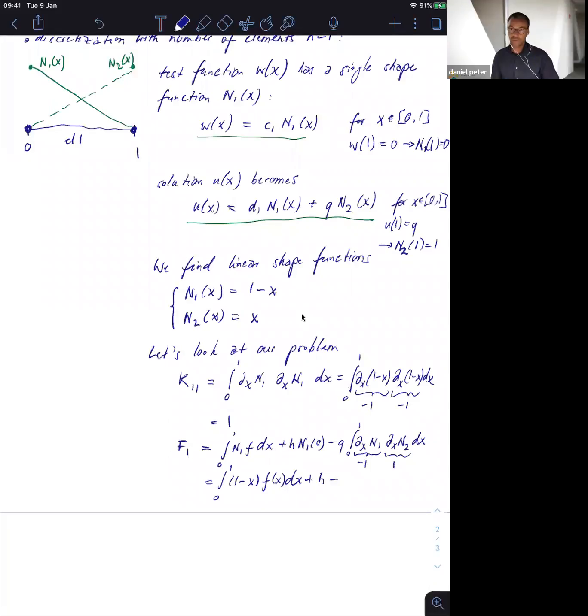Then we have the integral from 0 to 1, which gives us minus 1, so it's plus q.